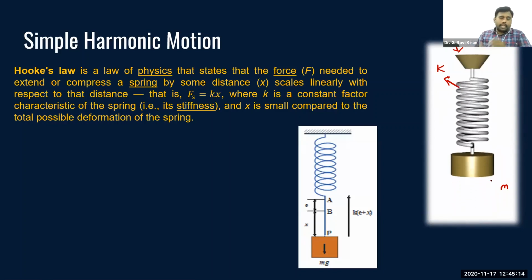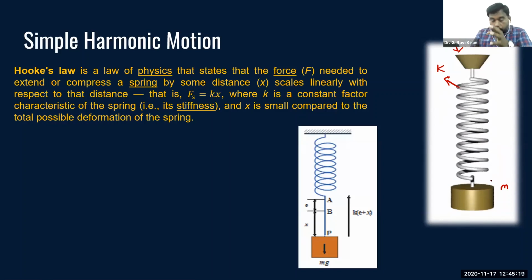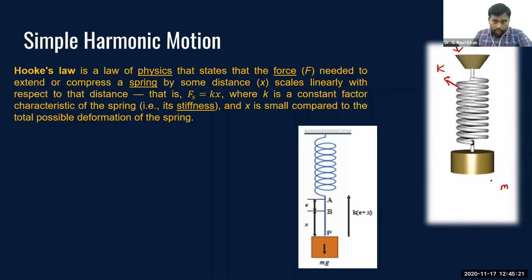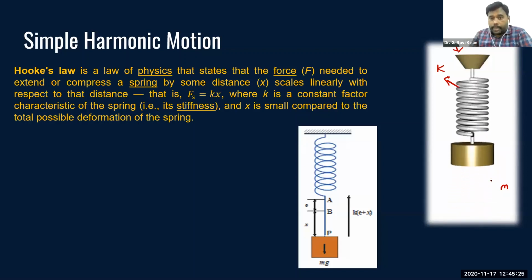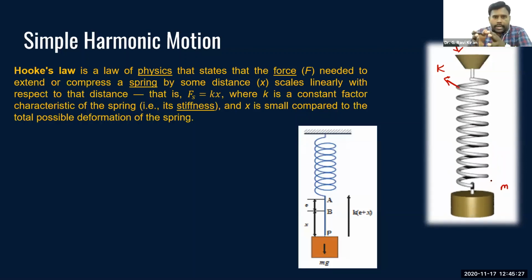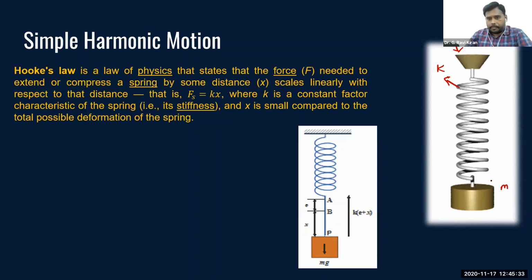Now see what happens when you hang a weight on that spring. The spring tries to oscillate up and down, isn't it? Now when it is oscillating, can we find out the displacement of this weight at any particular instant of time, right?